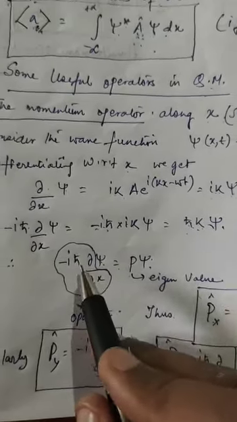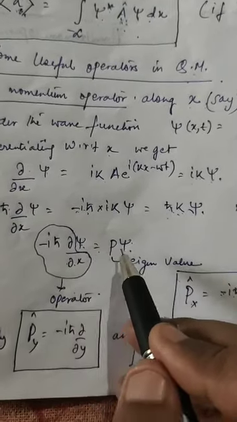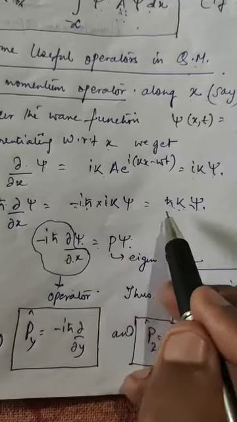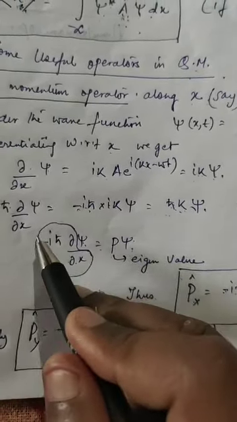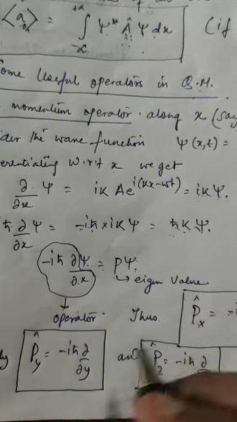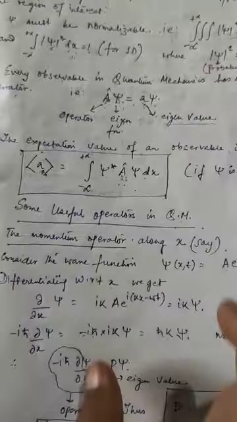So I hope this is clear, that if I'm operating this on psi, I am getting the value of momentum, which is h cross k, and psi. So this has to be the momentum operator along x. Similarly, this is the momentum operator along y, and this is the momentum operator along z.